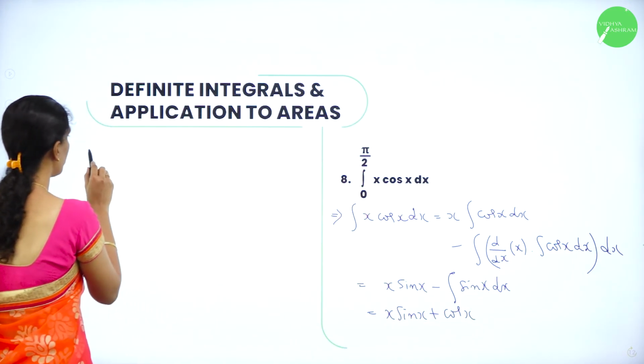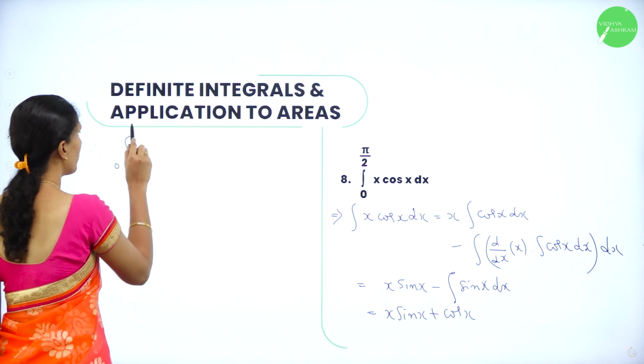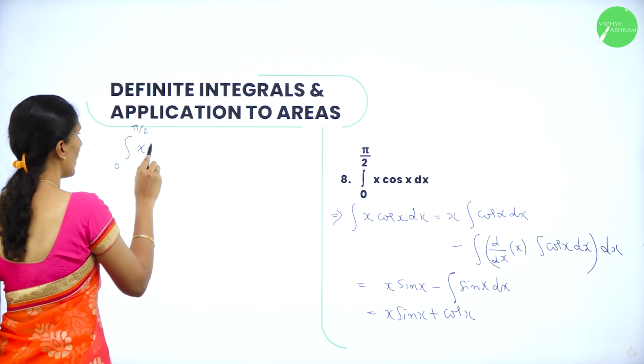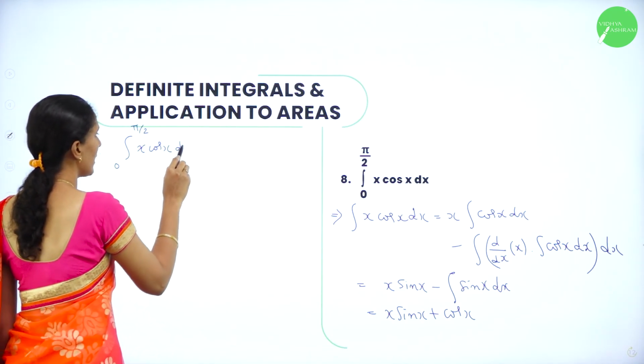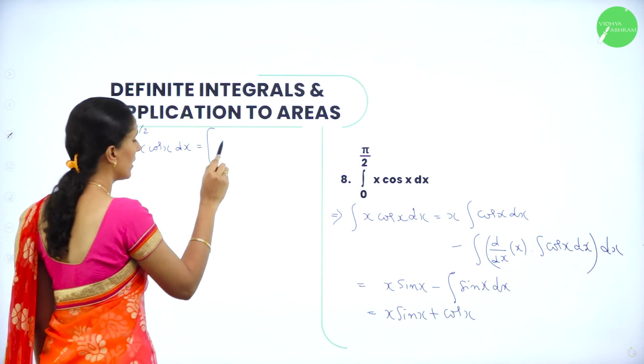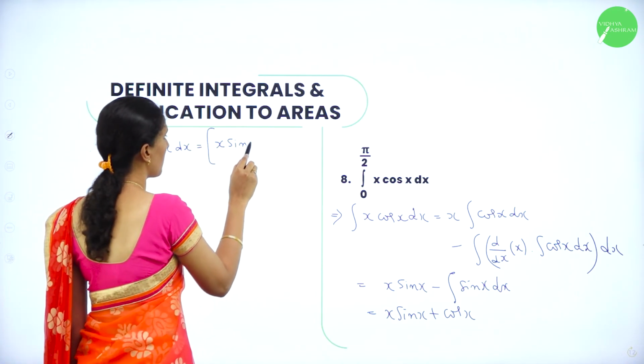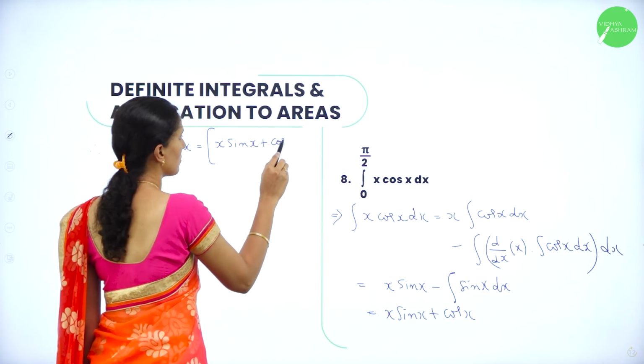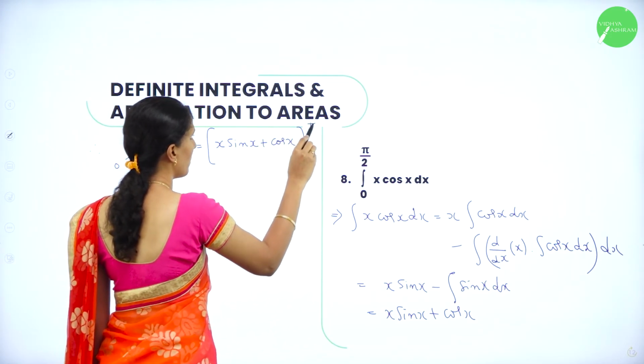So therefore, the integration from 0 to pi by 2 of x cos x dx can be written as x sin x plus cos x from 0 to pi by 2.